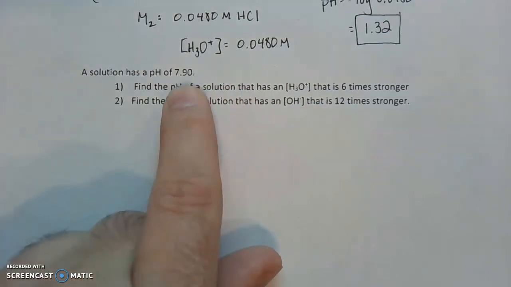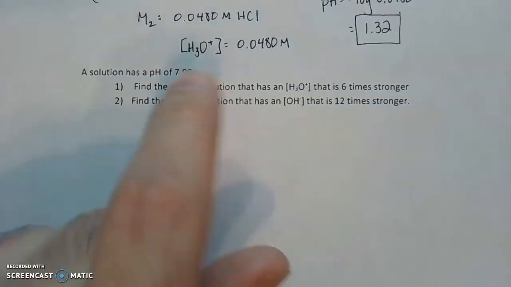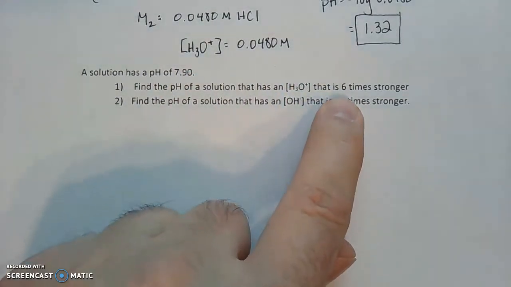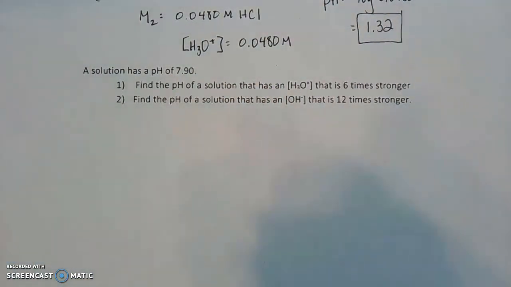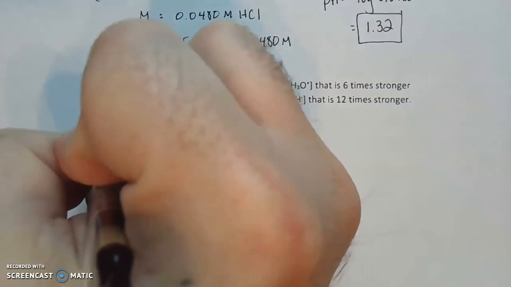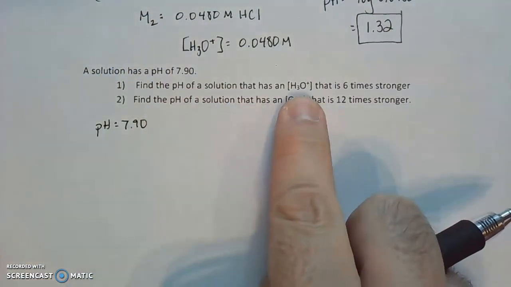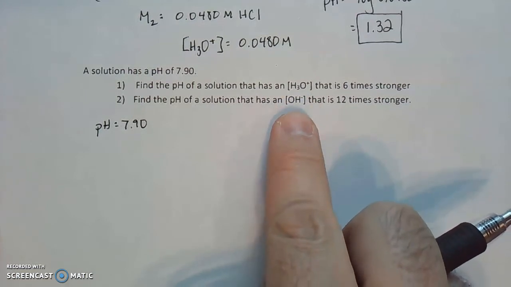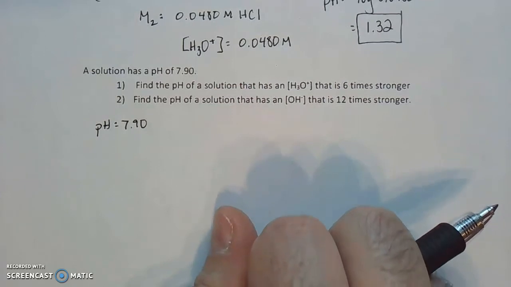Now remember that the pH scale is a base 10 scale, so we can't just multiply that by 6 or multiply that by 12. We have to use our equations to find H3O plus and then OH minus, and then multiply those out and then find the pH again.